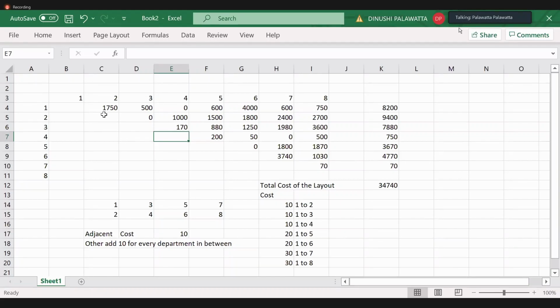So for the calculation purpose, when you do the hand calculation, we can have a box and write down the cost in the corner of the same box.